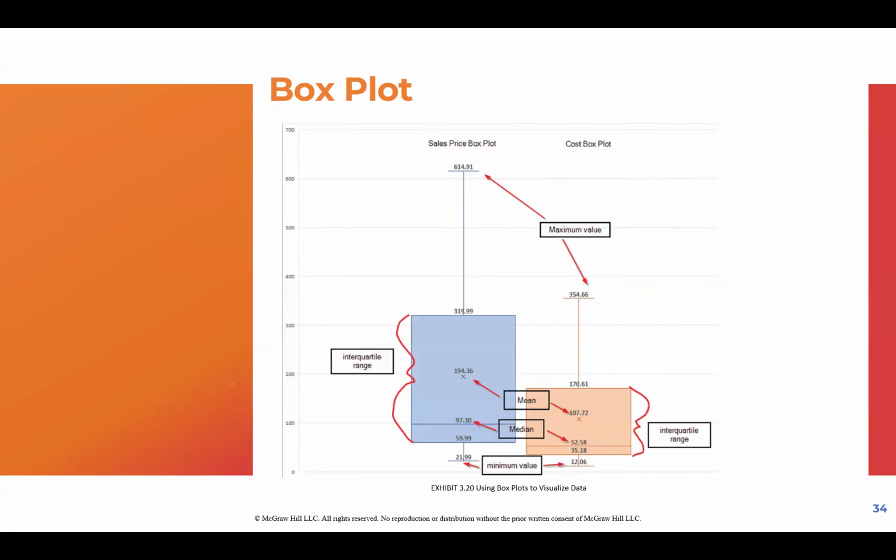Finally, the box plot will get you a good understanding of where the performance of the study is. For example, you're playing basketball, and this is representing the score. This is the first quartile value. This is the third quartile value. The median is here. The mean is here. This is the interquartile range.